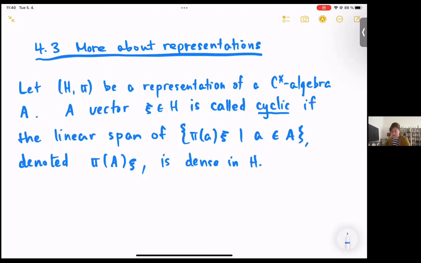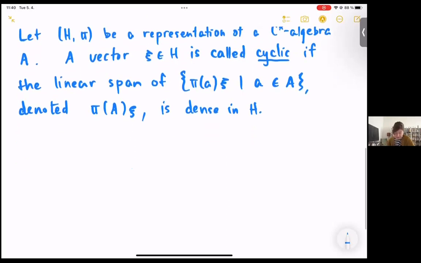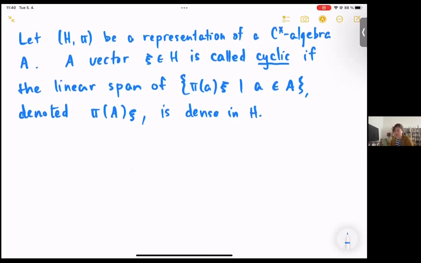And if such a cyclic vector exists, then we call the representation itself a cyclic representation.